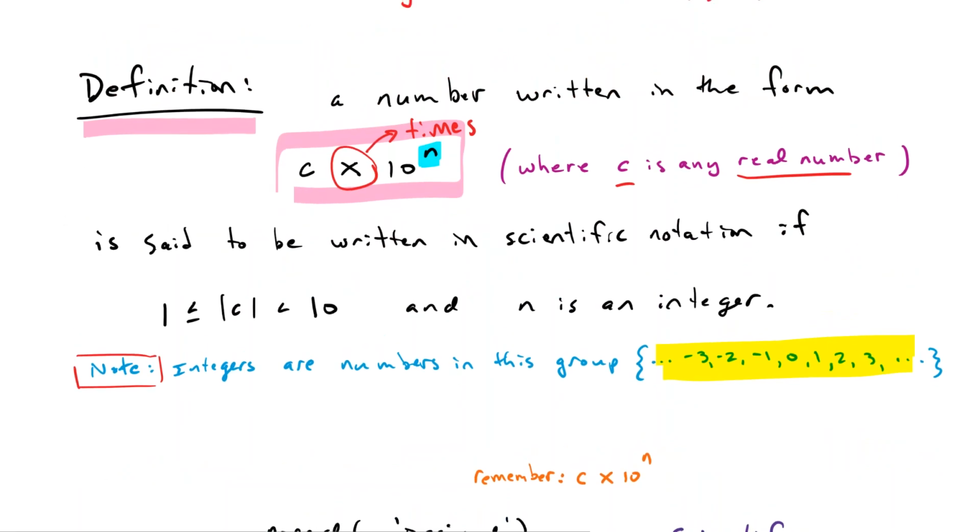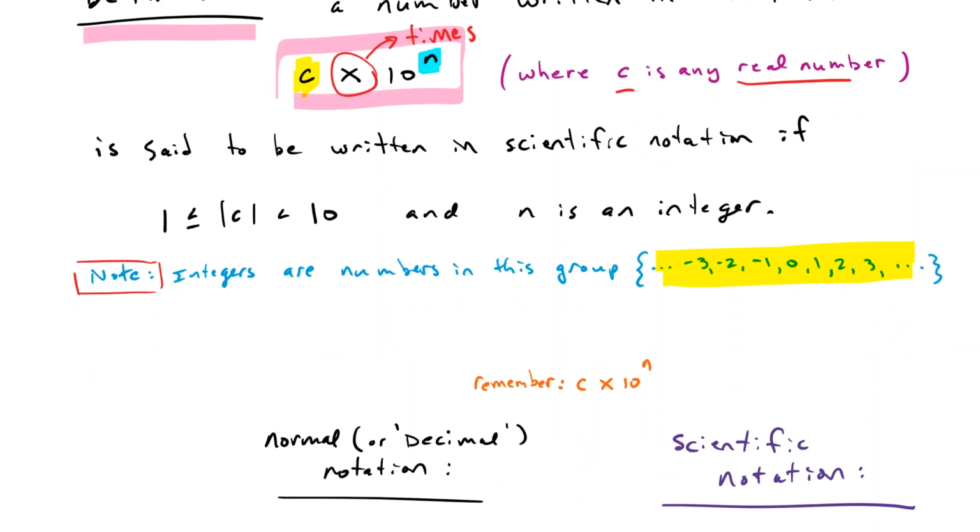There's only one little caveat that I'll add to my claim that as long as it's written in this form, it's in scientific notation, and that is that c, which is the number right here, the constant, the real number, has to represent the first few non-zero digits in the number.